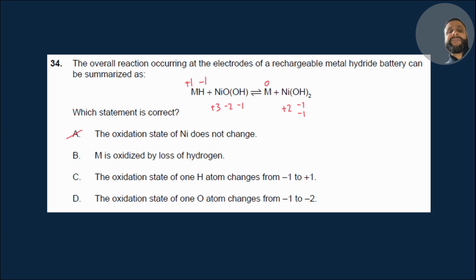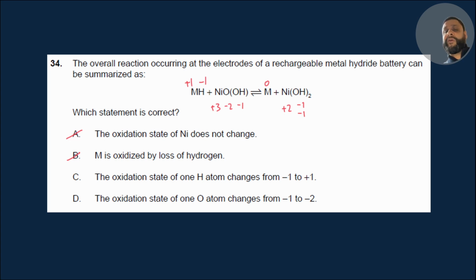M is oxidized by loss of hydrogen. No, we can see +1 to 0, so metal has been reduced. So B is not the answer. Next, the oxidation state of one hydrogen atom changes from -1 to +1. So yes, we can see -1 on the reactant side, and on the product side it will be +1.